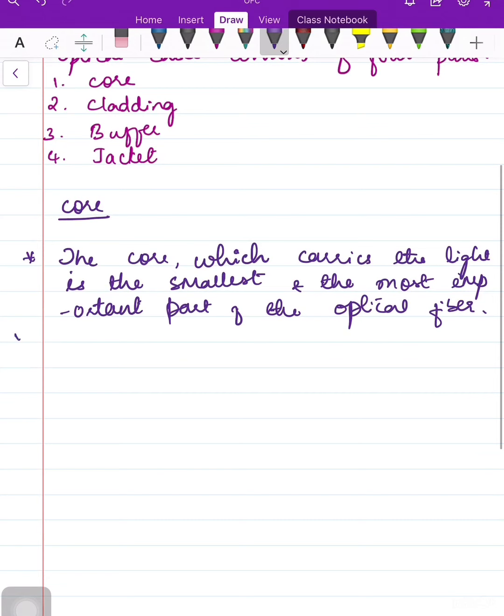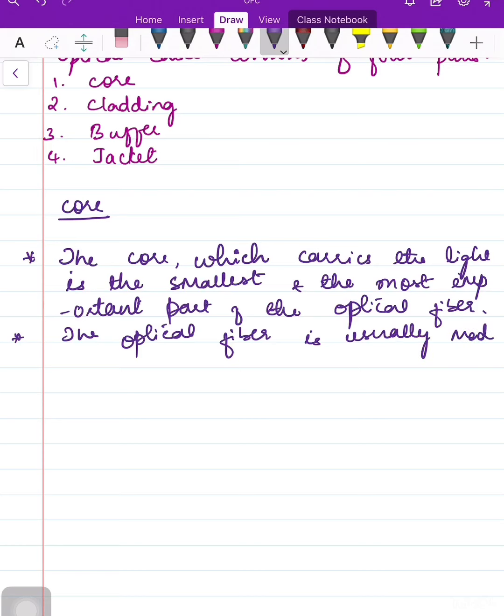The second point is the optical fiber is usually made of glass, although some are made up of plastic.